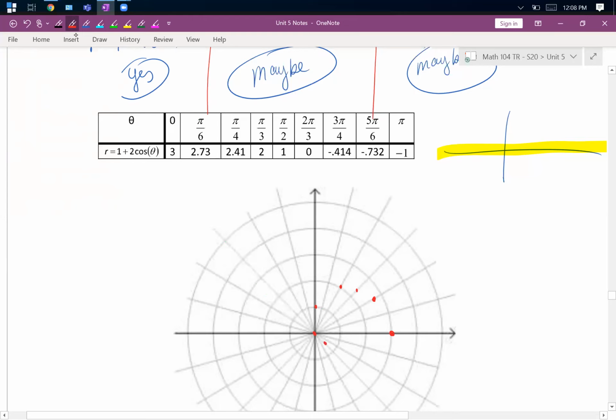Again, with 5 pi over 6, I have a negative r value, so I'm going to be going backwards. And then at pi, negative r value, so I'm going back here.